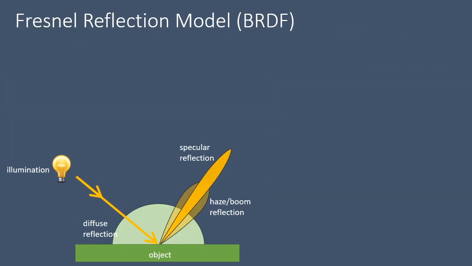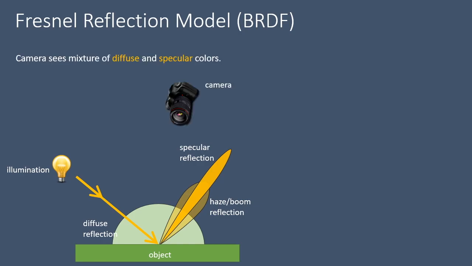When an illumination beam hits an object, there are two types of reflections, specular and diffuse. Specular is the pure light coming back from the object, while diffuse is what enables us to detect object color. What a camera sees is a mixture of these two.